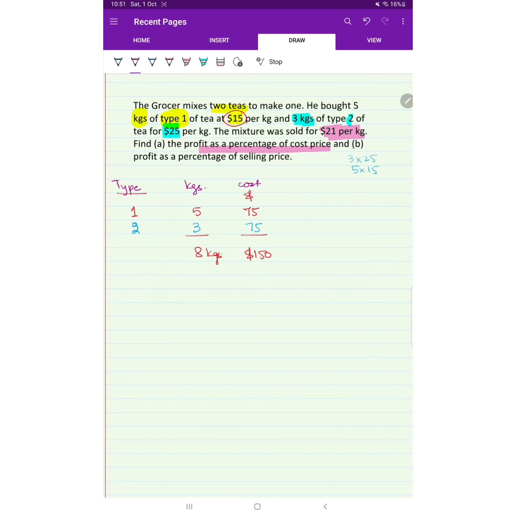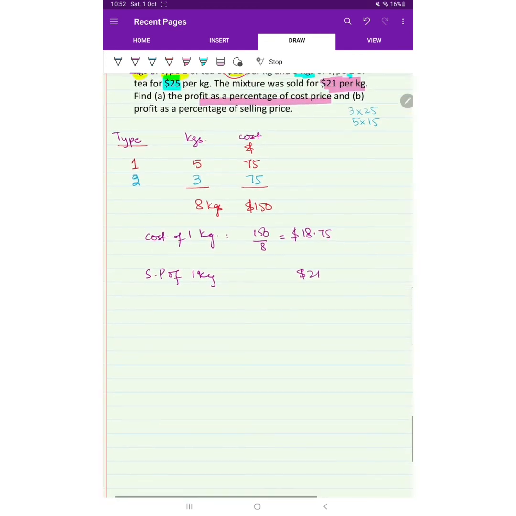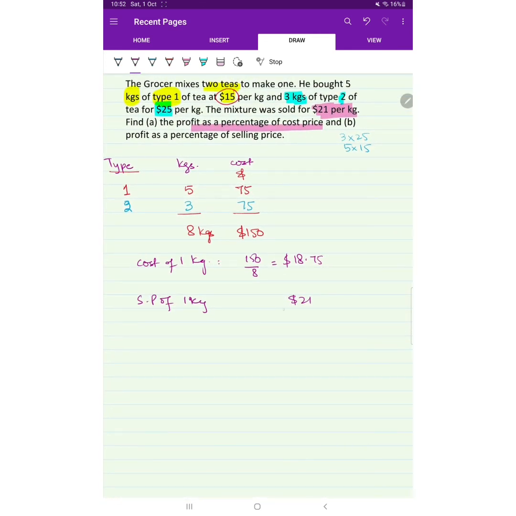Let's do it now. So I have 8 kgs at $150. Let's find out the cost of 1 kg. Cost of 1 kg will be 150 upon 8, which is 18.75. Selling price of 1 kg is $21, given in the question. Then profit is selling price minus cost price.